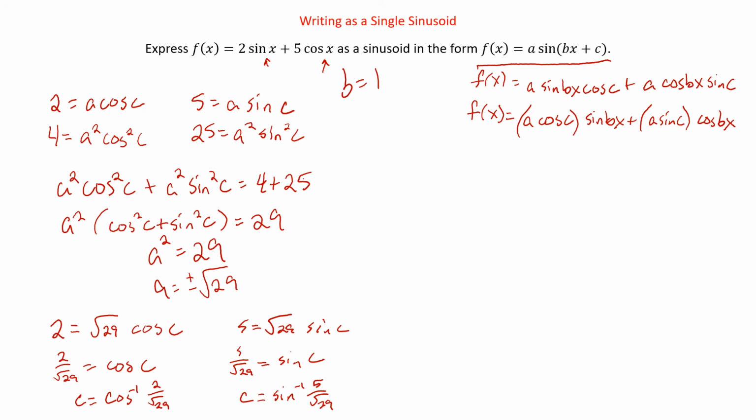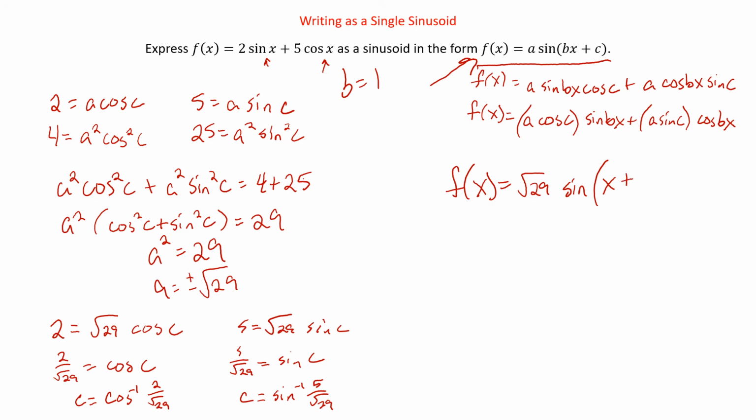So we can rewrite f of x. Going back up to this equation, we know what a is. A is root 29 sine of b, which is just x, and then plus, we can pick either of the two.